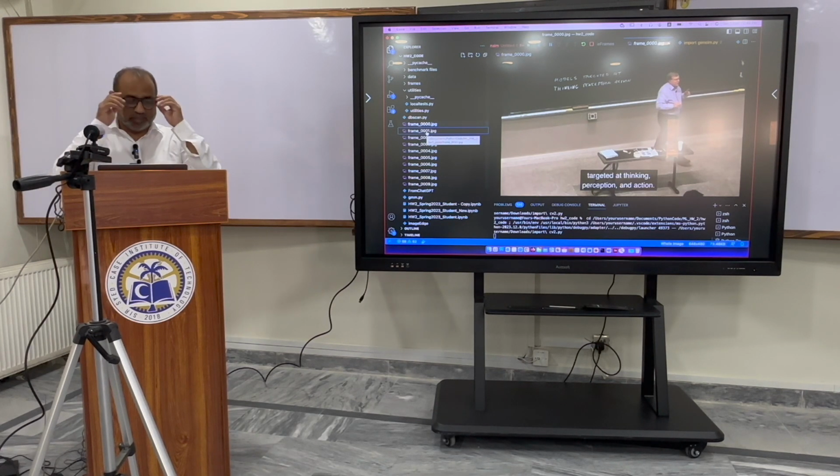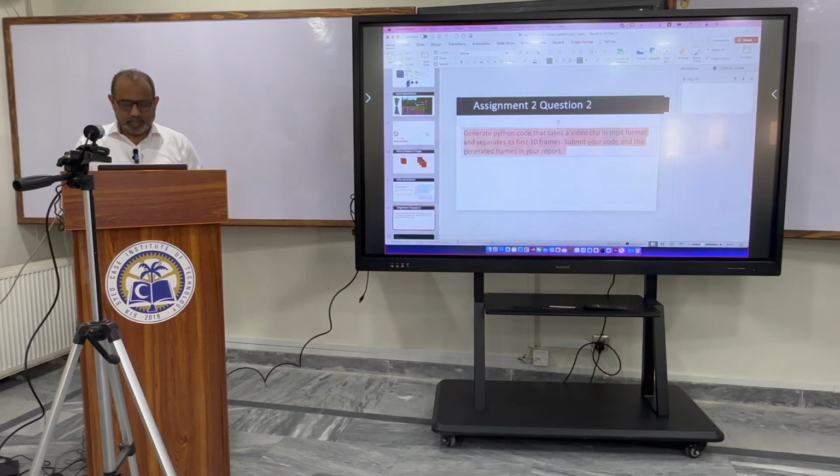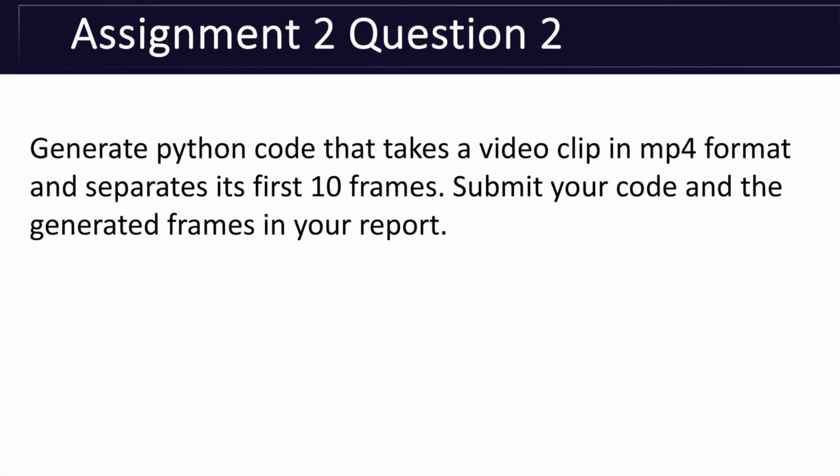The model is taking a humongous amount of data once it is doing video processing, because it may be 24 frames a second, or 30 frames a second, or for some very sophisticated applications you may have 1000 or 2000 frames a second. People have these types of cameras as well, especially in cricket, where they used to show cameras taking thousands of frames every second. So I did this, and here are my 10 frames.